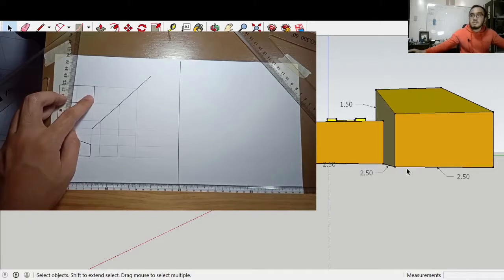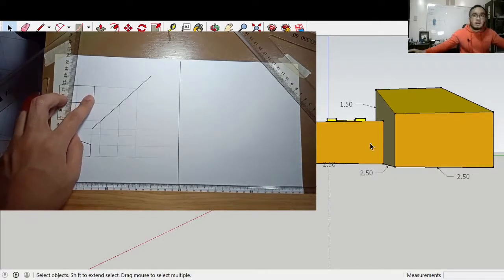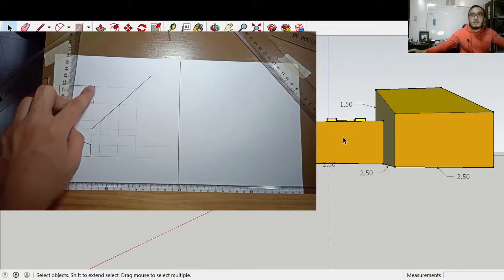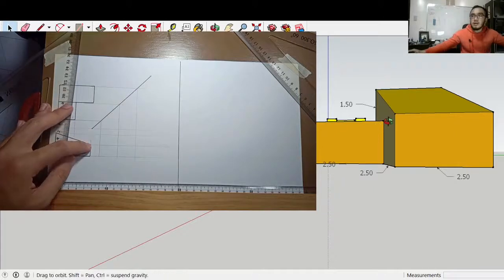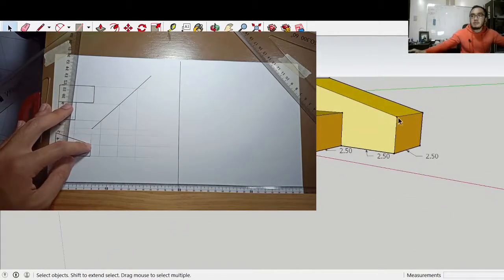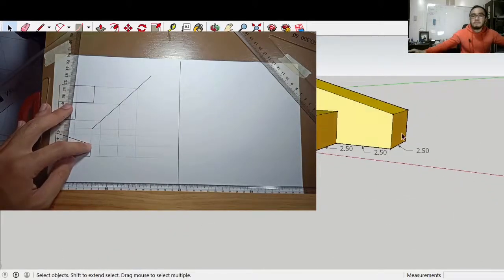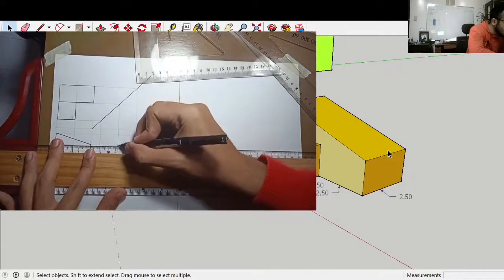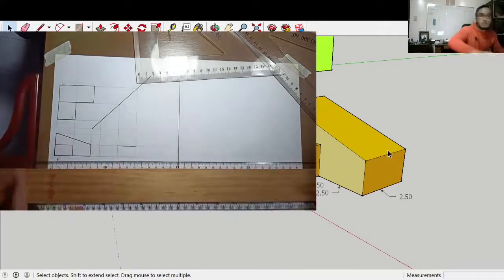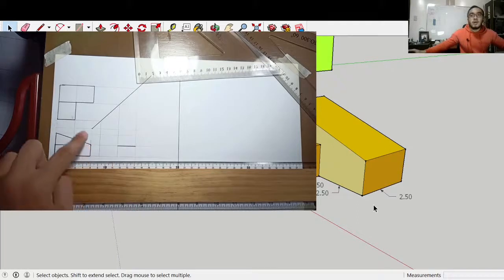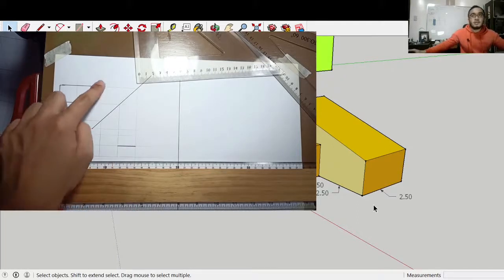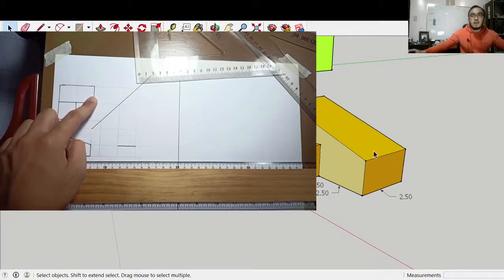And for us to plot this, itong figure na to, that would be the intersection of this, a part of the orthographic projection here, and this. Kasi kapag sa front view mo naman titignan, ito siya. Ito siya. Itong point na to. So it would be that part right there. Itong intersection neto and neto. So that is this line right here.